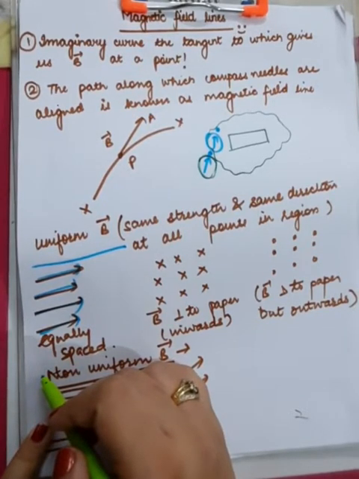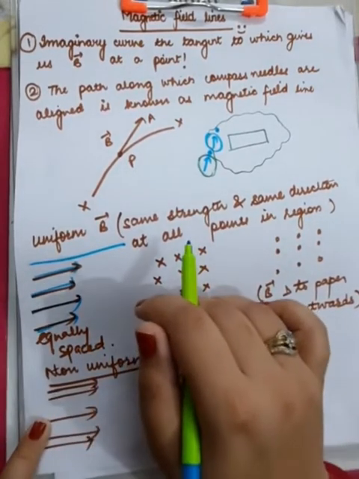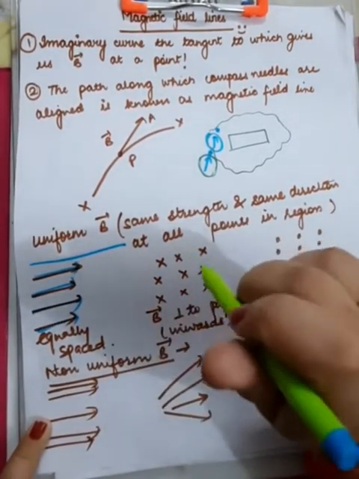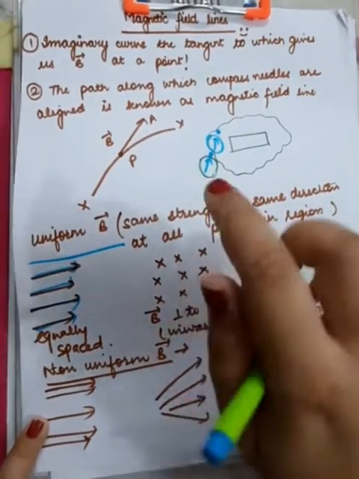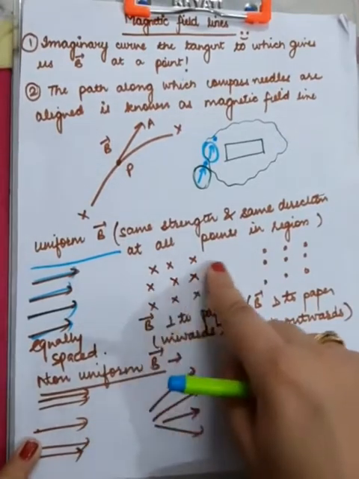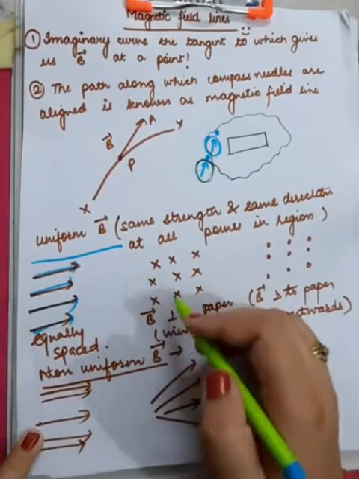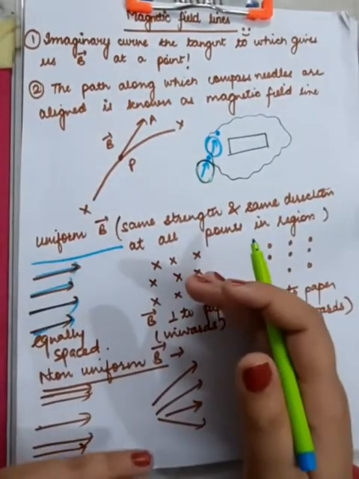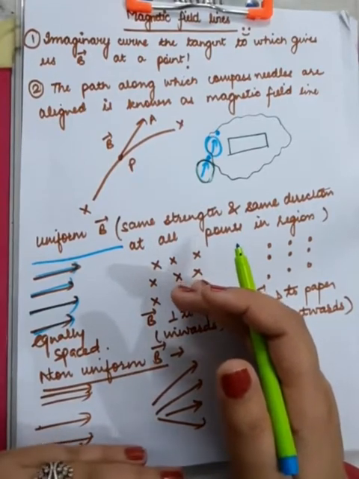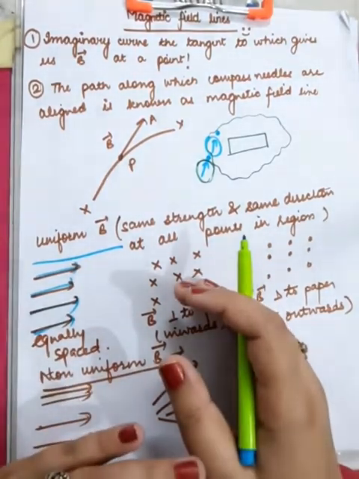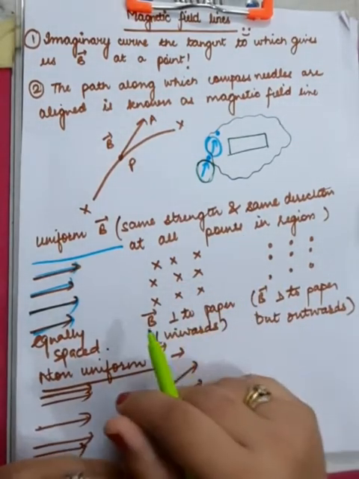Had it been a uniform magnetic field directed inwards to the plane of paper, like the magnetic field which is having this direction, inwards to the plane of paper, then we draw crosses to represent the magnetic field. So these crosses actually represent a uniform magnetic field, but this magnetic field is not in the plane of paper, it is rather directed inwards to the plane of paper.